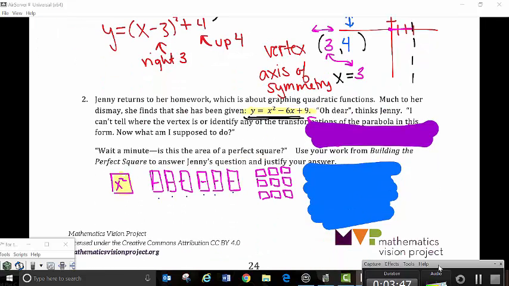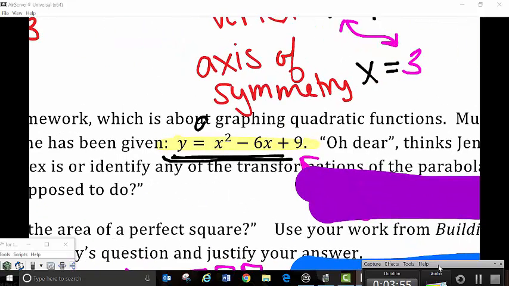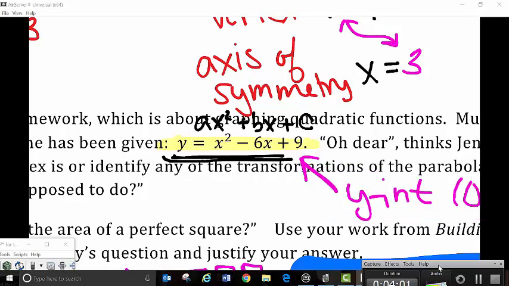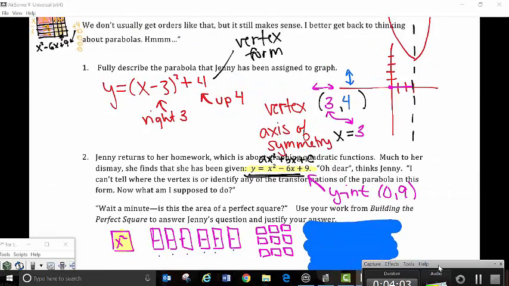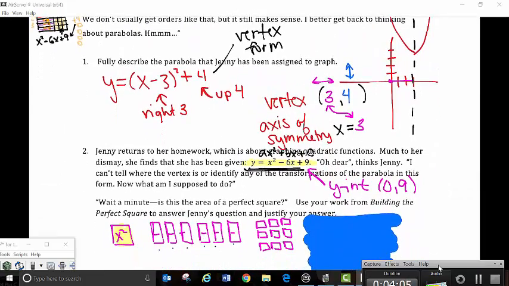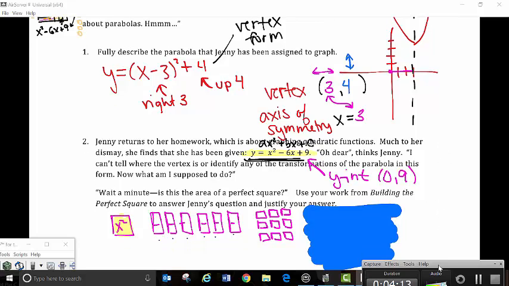Anyway, there is one piece of information we know about this equation, and this was from last time's homework, and that's that this last value from ax squared plus bx plus c, that the c is the y-intercept, or where the graph crosses the y-axis. So where it's going to cross this line right here. It'll cross at 9. Okay, so let's think about what we have.